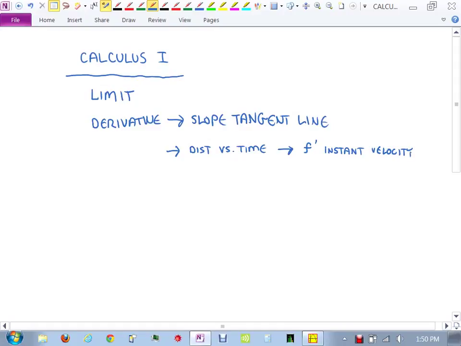Okay? So if you tell me where something is at every point in time, I can tell you how fast it's going at every point in time, right? Anybody remember what the second derivative represented? Your instantaneous acceleration. Okay, so we had the idea of the derivative.